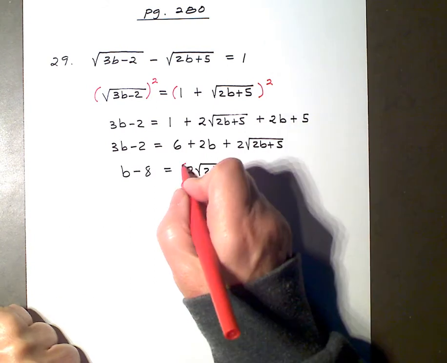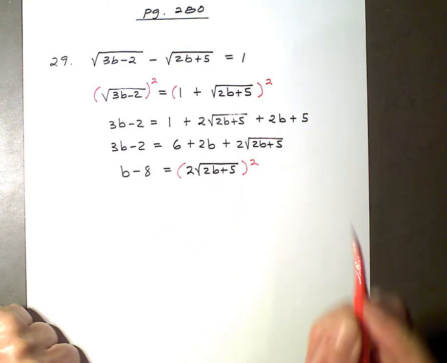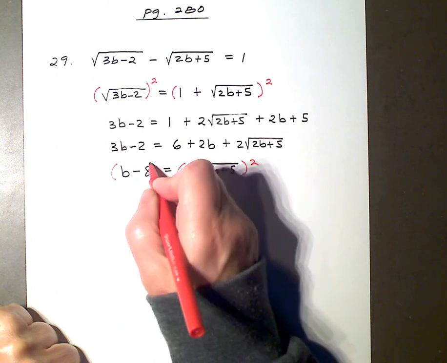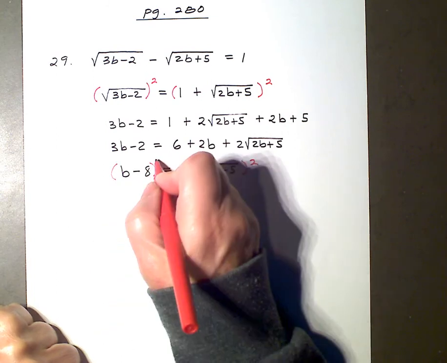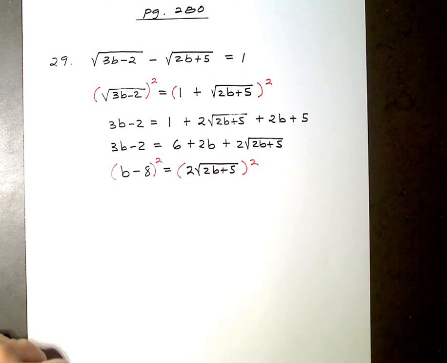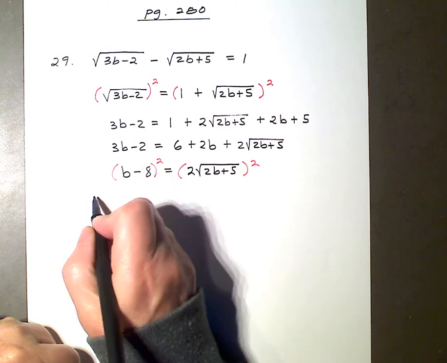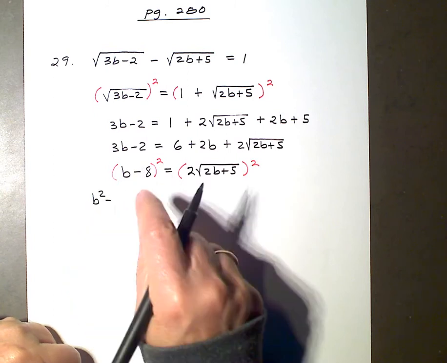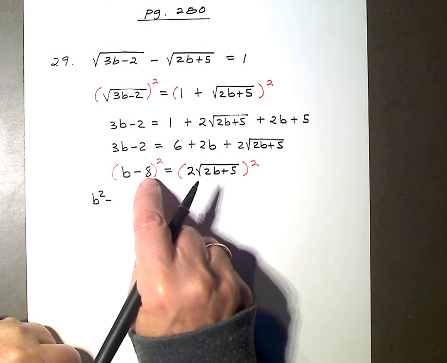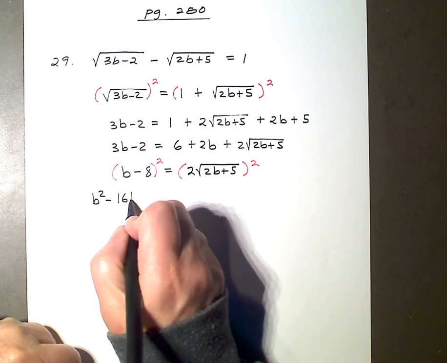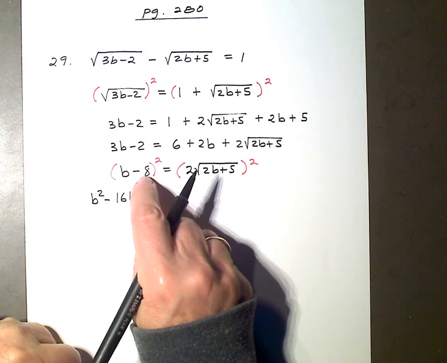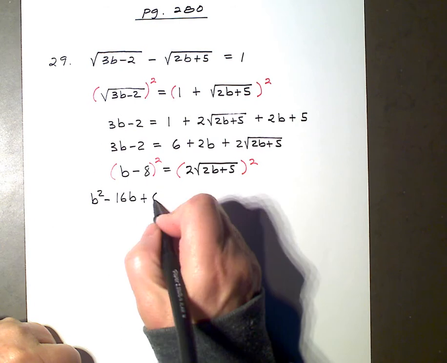So I'm going to wrap and raise that to the second power, and on the left I have this binomial b minus 8, and I'm going to raise that to the second power. So on the left I have b minus 8 times b minus 8, so I have the first term squared, minus 2 times the product of these two, so minus 2 times 8 times b is 16b, plus the last term squared, so 64, equals.